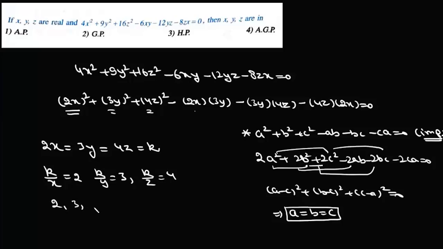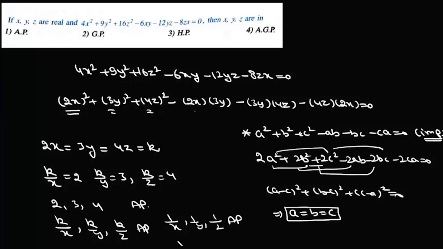Now 2, 3, 4 are in AP. So k upon x, k upon y, k upon z are in AP. We can divide everything by k. So 1 upon x, 1 upon y, 1 upon z are in AP. That means x, y and z are in HP. So the answer to this question is option C.